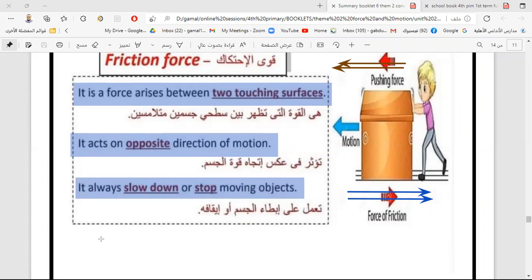Yes, the friction can stop the moving object. So the friction is in opposite direction, the friction slows down the motion, and the friction may cause the stopping of a moving object.